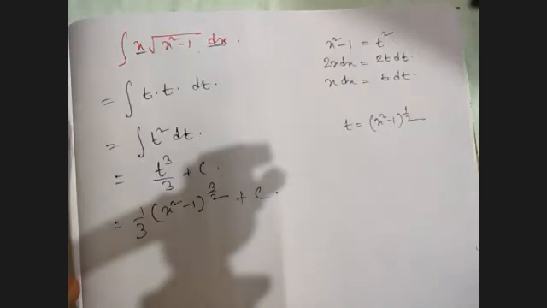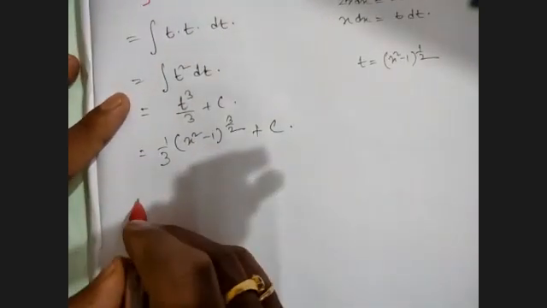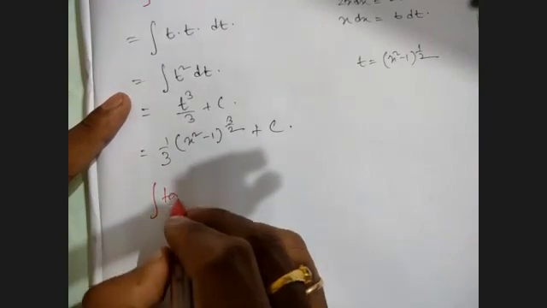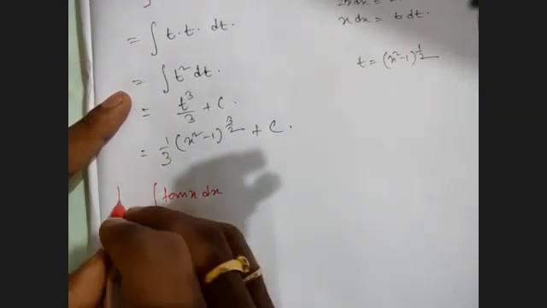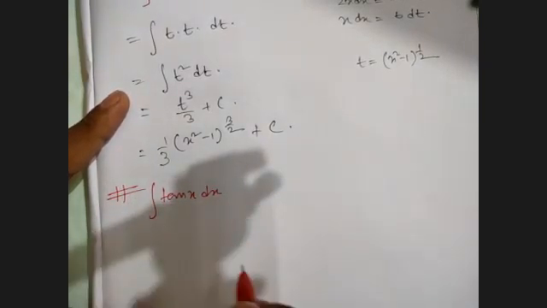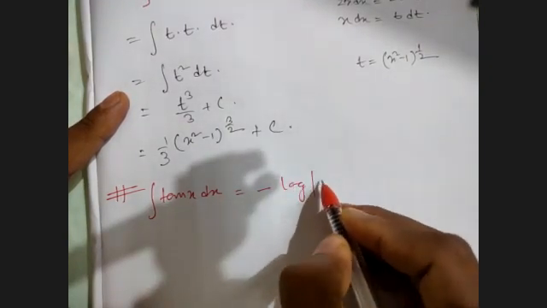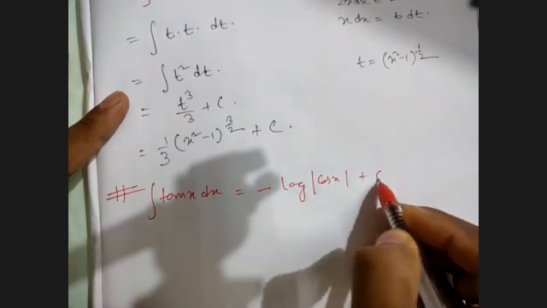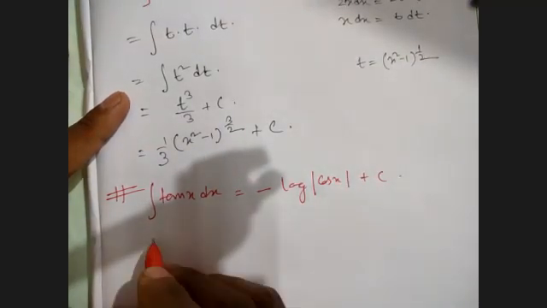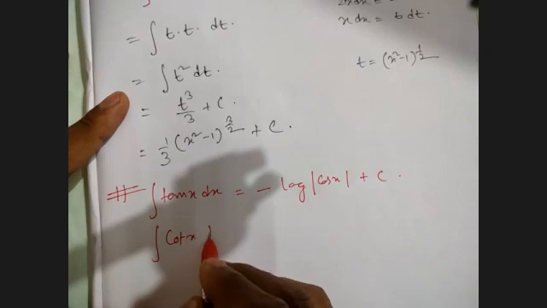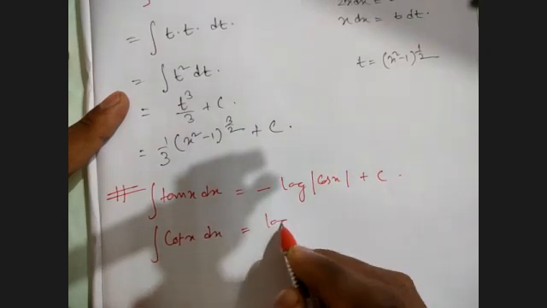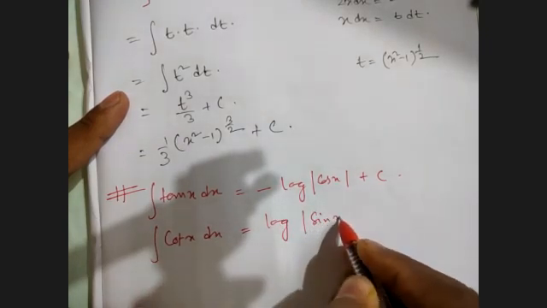A few more formulas you have to learn. Direct formula of integration of tan x dx, very much important formula, equals minus log cos x plus c. Integration of cot x dx equals log of sin x plus c.